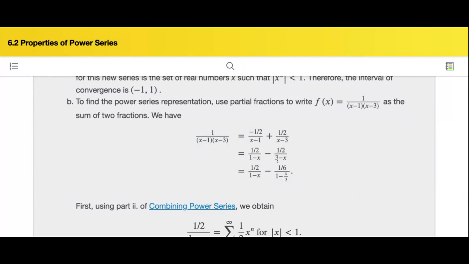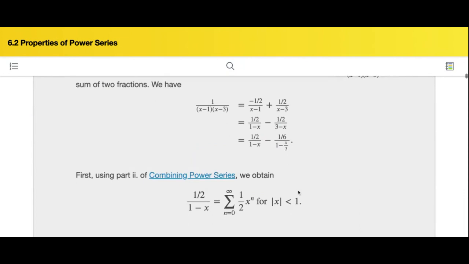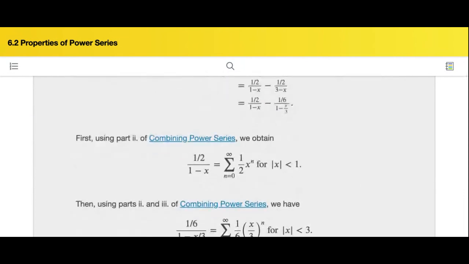Then half divided by 3 is 1 over 6, so we put 1 over 6 in the numerator. So in the second one, 1 over 6 is the first term a, and the ratio is x over 3. Then we use combining power series, right?